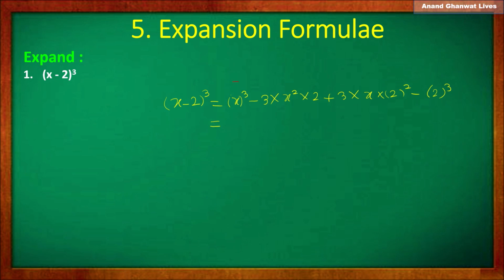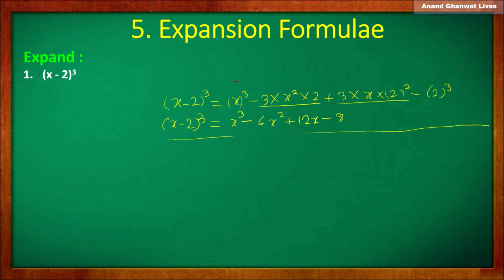So x cube minus 3 into x square into 2, that is 6x square, and 3 into x into the square of 2, the square of 2 is 4, so 12x, and minus the cube of 2, that is 8. So in this way the expansion of x minus 2 cubed is here.